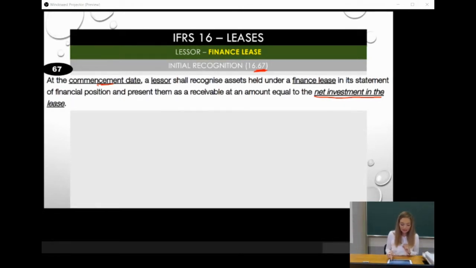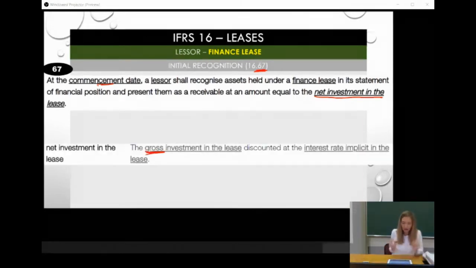So what is a net investment in the lease? If we look at the definitions in Appendix A, a net investment in the lease is the gross investment in the lease, discounted at the interest rate implicit in the lease. At least we know what the interest rate implicit in the lease is. But what is a gross investment in the lease?